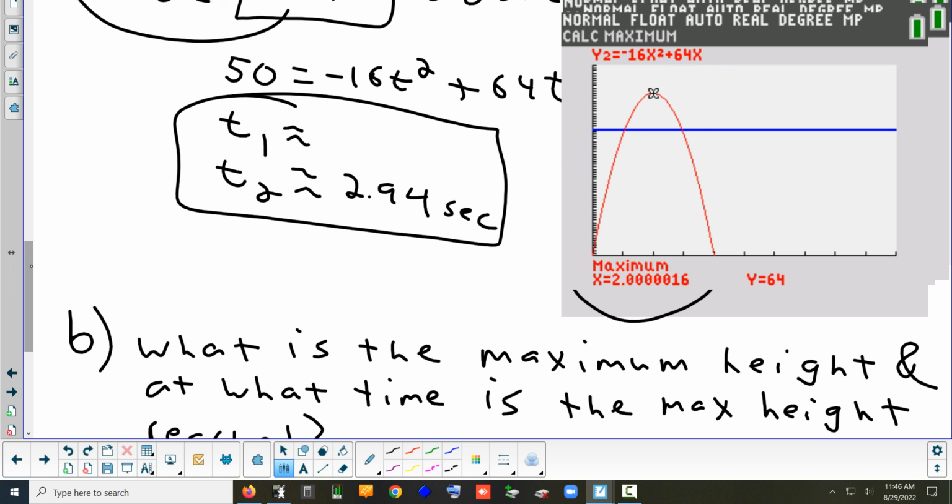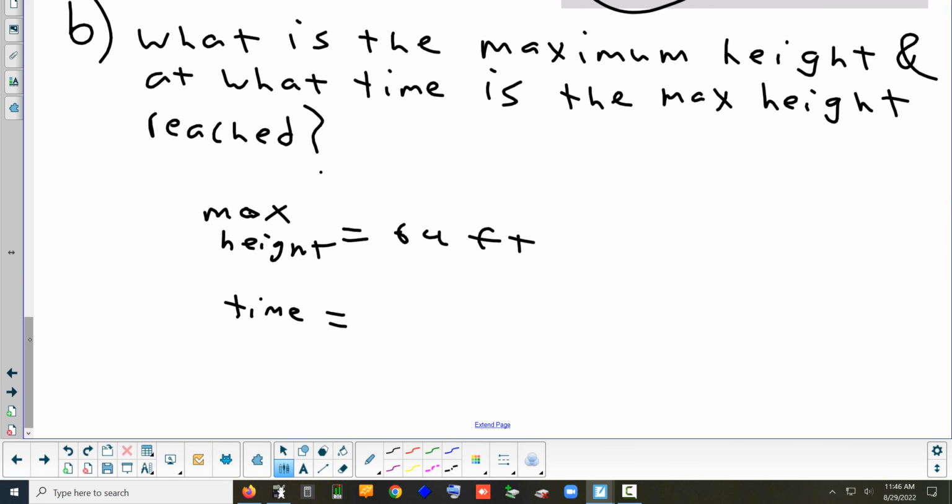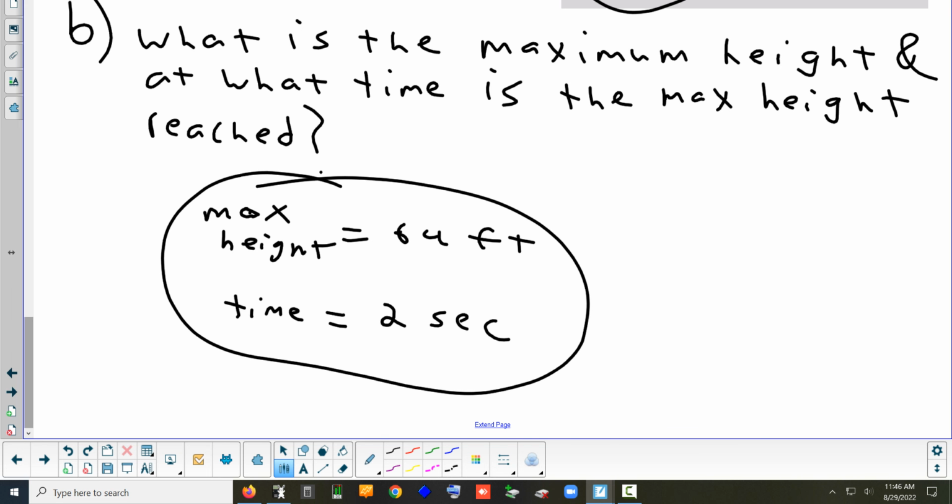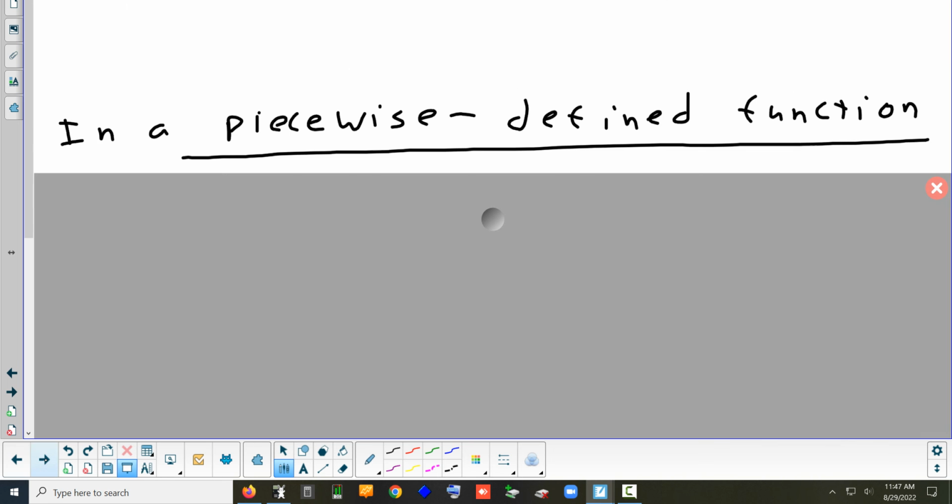I know it says 2.000000002, but that's just the way the calculator works. The max height is 64 feet, and that occurs at 2 seconds. Any questions on that? Okay.